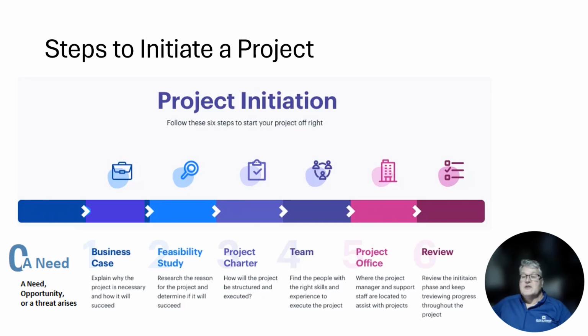If a project office is available, it helps with the project documentation, and once the project is completed, there's a review to see if we're on the right track for pursuing this project.